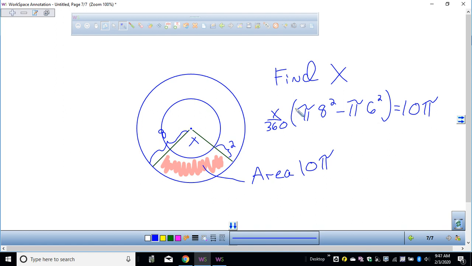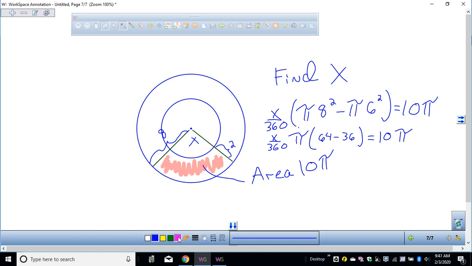So now what I would do, okay, this is X over 360 times, you could pull the pi outside, right? What's 8 squared? 64 minus 36 equals 10 pi. What could I cancel out from both sides?